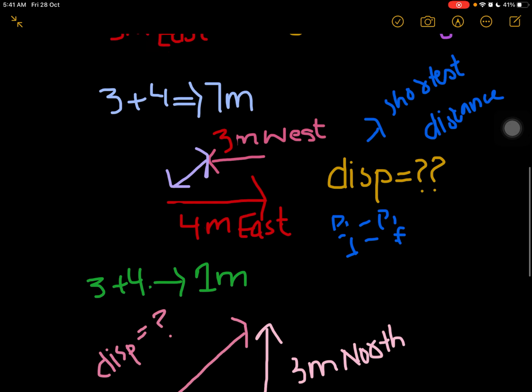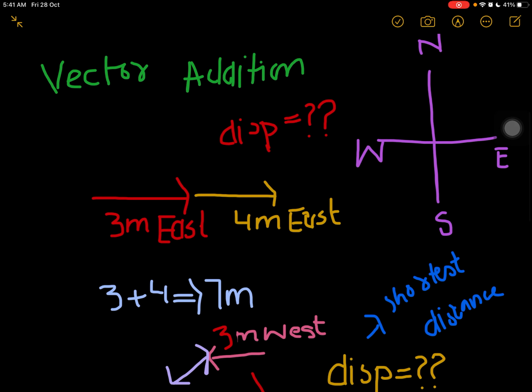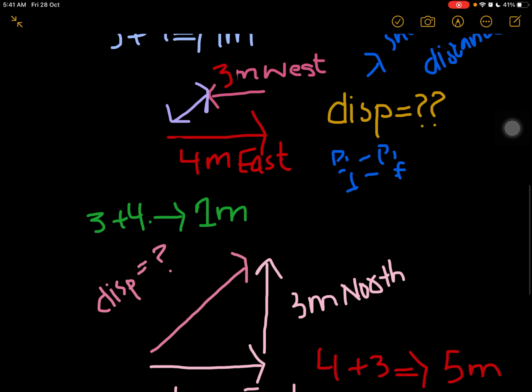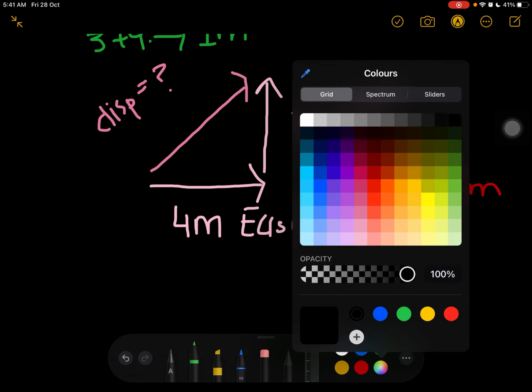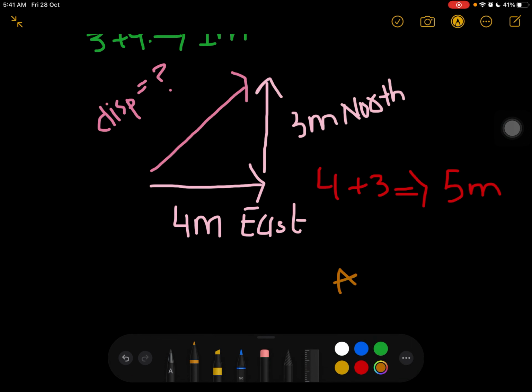Now consider, in vector, 3 plus 4 can be 7, 3 plus 4 can be 1, and 3 plus 4 can be 5 too. So it really depends upon the angle, right? So 4 plus 3 can be 5, 4 plus 3 can be 1, and 4 plus 3 can be 7 in vector addition.